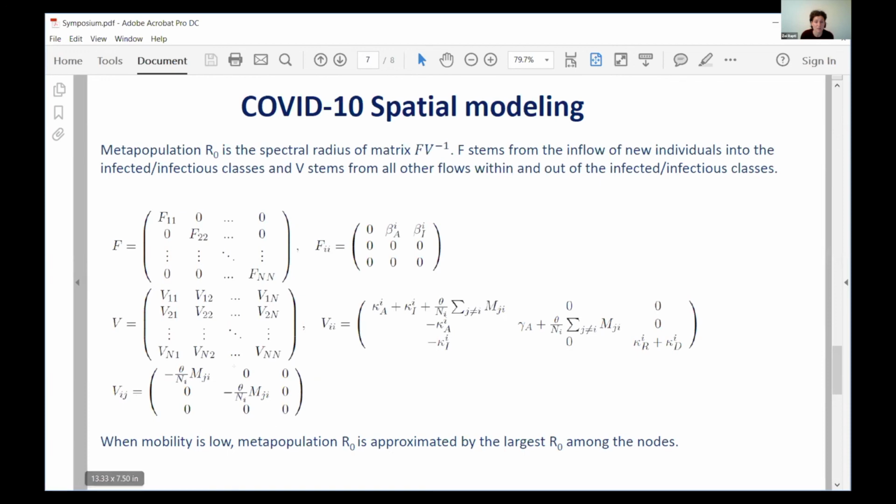And what you get is basically a diagonal matrix here. And when you find the inverse and multiply with F, you get just the maximum of the R naughts of the various provinces or various nodes.